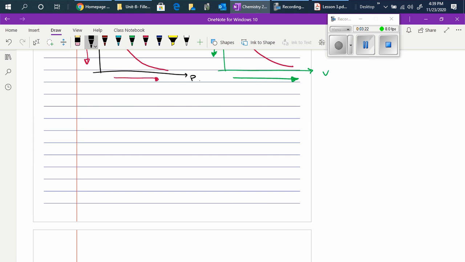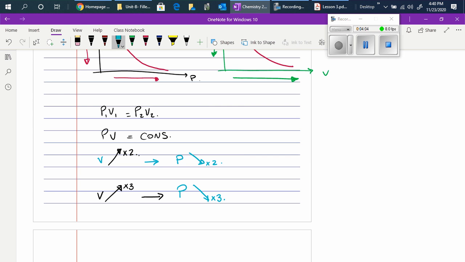So what we have here is P1 V1 is equal to P2 V2, or the product of pressure and volume is constant. So if you increase the volume by a factor of 2, then the pressure will be decreased by the same factor. Or if you increase the volume by a factor of 3, then the pressure will be decreased by a factor of 3.